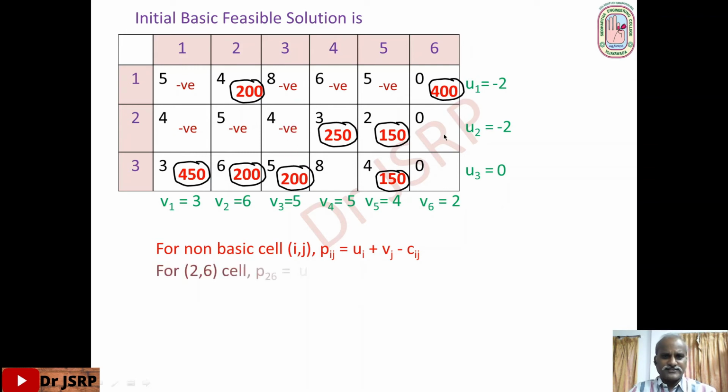Next P26, U2 plus V6 minus C26, that is minus 2 plus 2 minus 0, so 0. Next P34, U3 plus V4 minus C34, that is 0 plus 5 minus 8, clearly negative. Next P36, U3 0 plus V6 2 minus 0, that is 2.